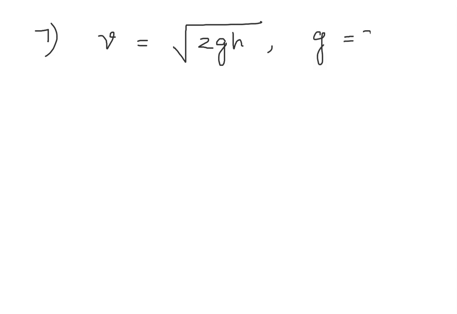And number 7, the velocity of a free falling object is given by the equation V equals the square root of 2gh, where V is measured in feet per second and g is 32 feet per second squared, and h is the height.